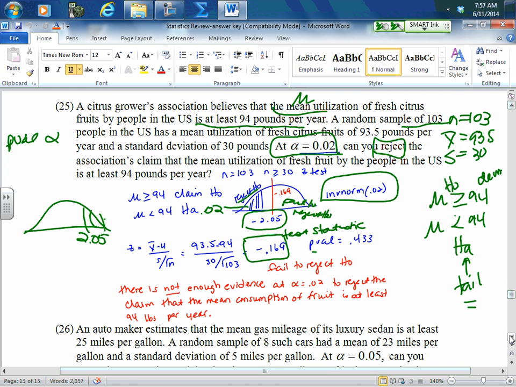It's whatever this z-score is, go to your chart, look up your area to the left. There's your p-val and your level of significance. Fill it in, and less than or equal to. So you failed to reject H0. Make sure you give me this statement as an interpretation. This right here is your decision.